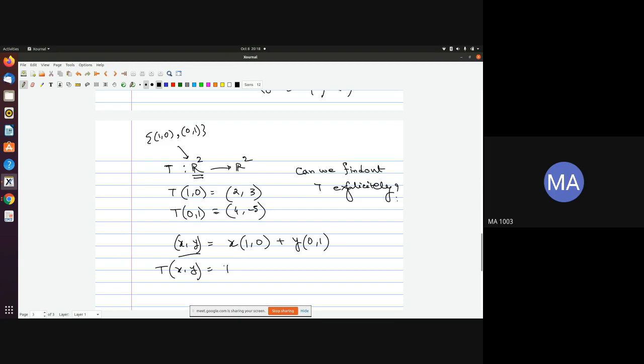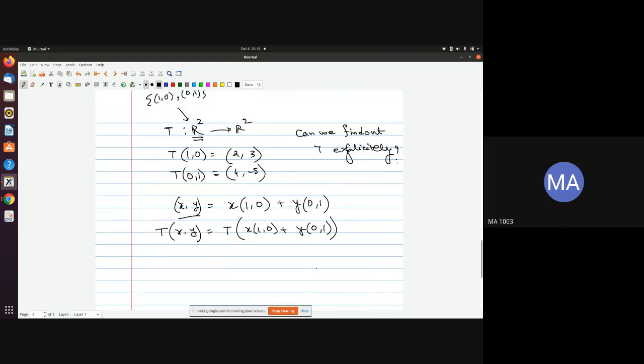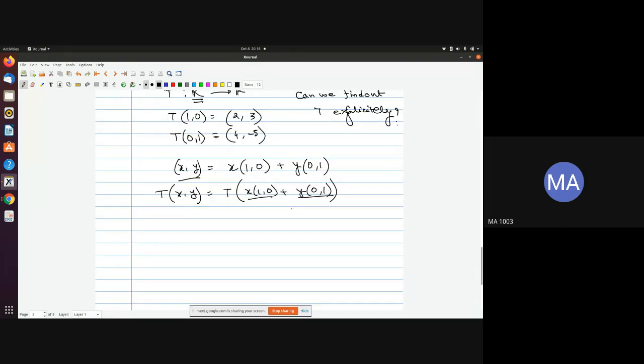So I can take T on both sides. Now, these two are vectors, so I can separate this out: T of v1 plus v2. So this is x times T of 1, 0 plus y times T of 0, 1.